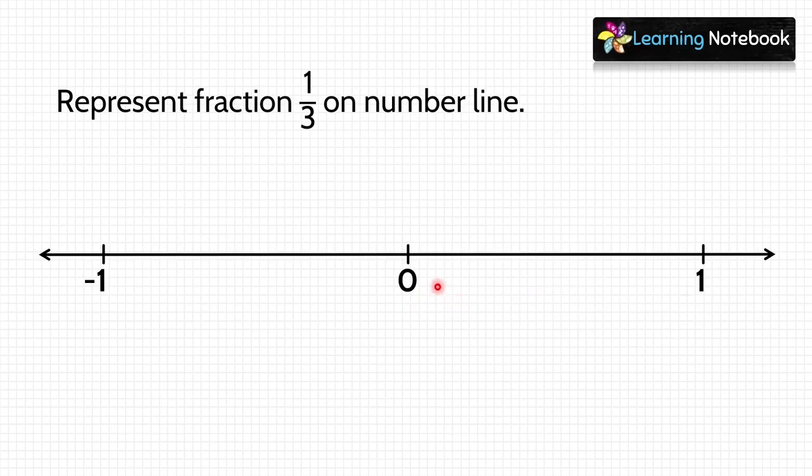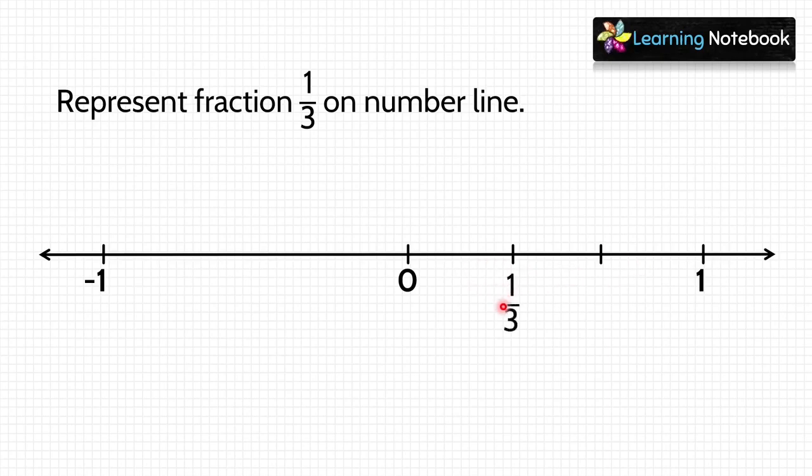So, to represent fraction 1 by 3, we now need to divide this part between 0 and 1 in 3 equal parts. Like this. So, students, each part now represents fraction 1 by 3.